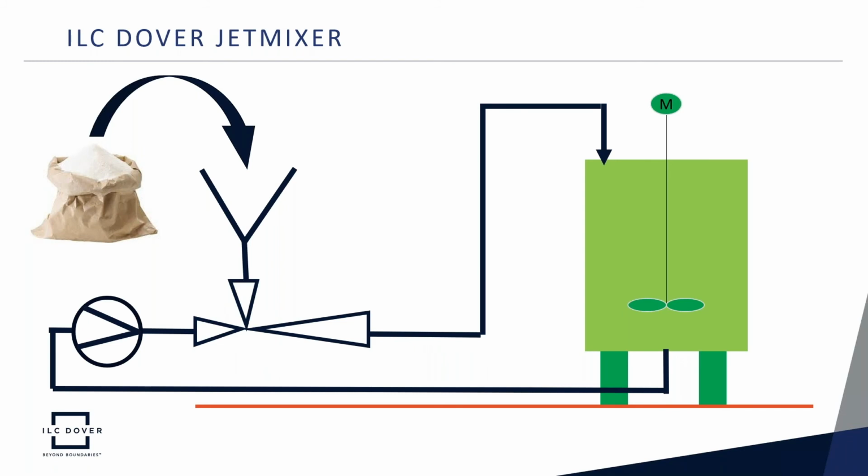Like the ROTOR device, the JETMIXER uses the liquid from the tank as the motive force to operate, the heart of the system being an ejector through which liquid is pumped, thus generating a vacuum which is used to pull in a powder.